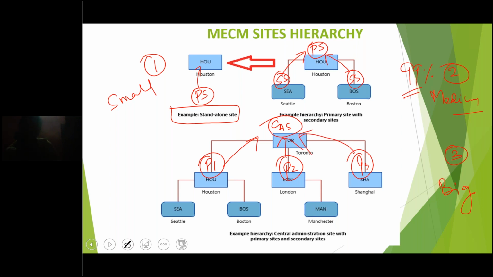This is for big size organizations. So what we understand with this, these are the three architectural diagrams for implementation of SCCM.